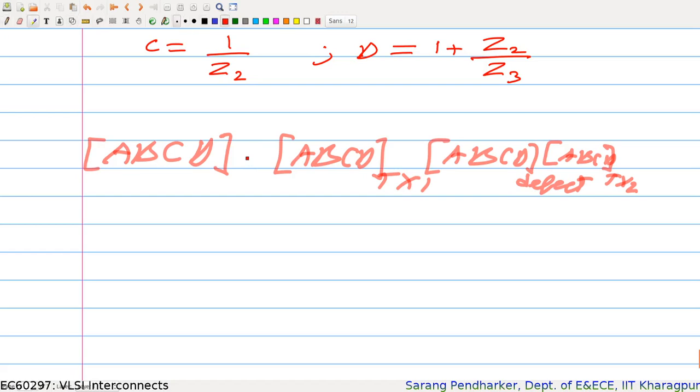So from my S parameter measurements, I get my ABCD net, which is this ABCD net.